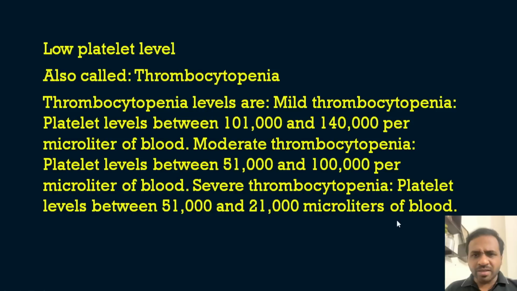I am not explaining thrombocytopenia much, it is just a low platelet level, and I have given the levels: mild, moderate, severe. I think that was also very useful for you.